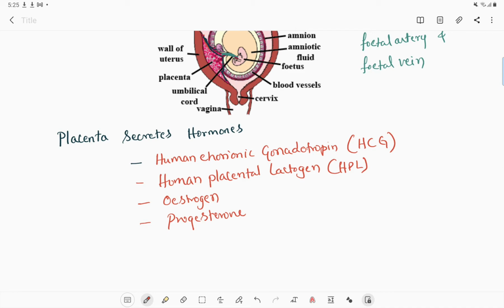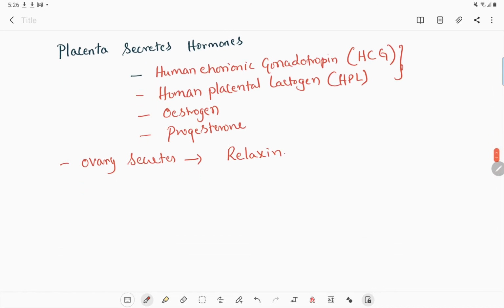Then there is one more thing, that the ovary secretes a hormone called relaxin.